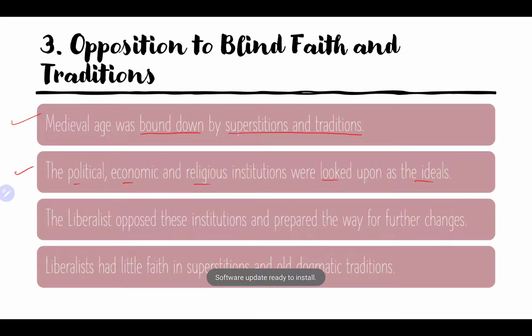Now, at that period of time, what were looked upon as ideals? Economic, religious and political institutions were looked upon as ideals. The liberalists opposed these institutions, the political, economic and religious institutions, and prepared a way for further changes.